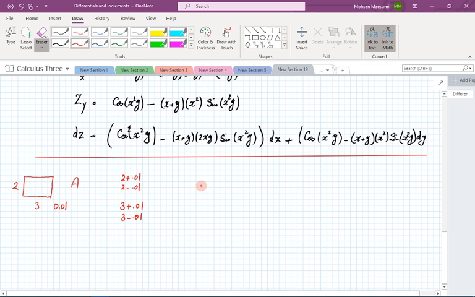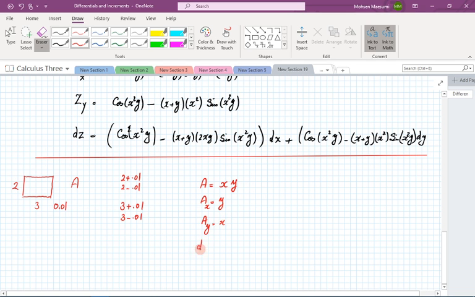So the way we go about this, suppose area, well, we know the formula for the area is x times y, and A sub x, the partial of this with respect to x, is y, partial of this with respect to y is x.